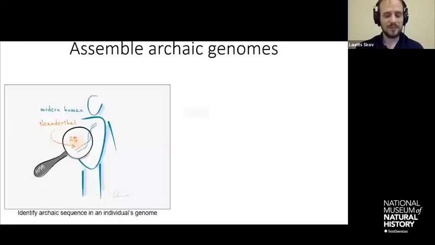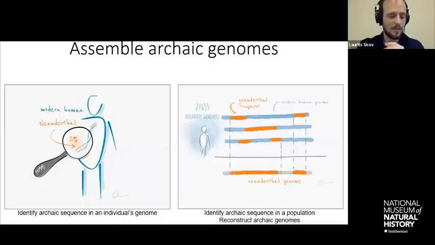So now we can use this method that we talked about in the introduction to look at a lot of genomes from modern humans and find all the places in the genome where there's Neanderthal or Denisovan DNA using that method I just talked about. And so everyone will have a few percent of Neanderthal DNA and Denisovan DNA, but those few percent will not be in the same places in a genome. It will be like different places.